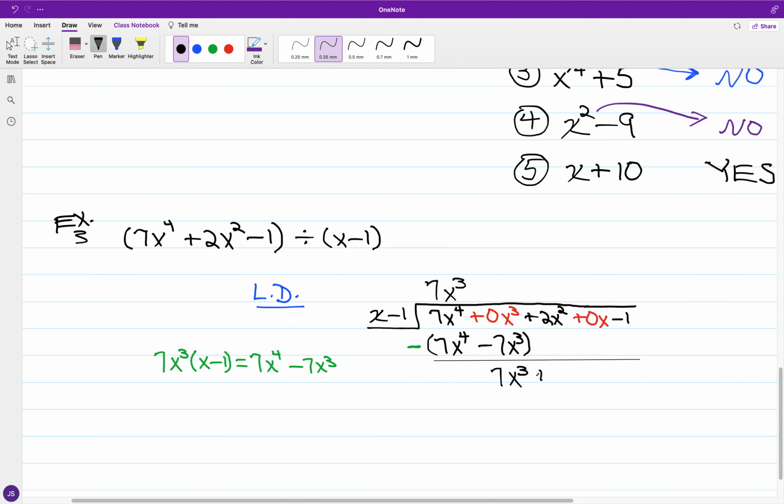And then we can bring the rest of the terms down, so we have plus 2x squared plus 0x minus 1. I can continue the long division, and in this round I'm taking x into 7x cubed, which will be 7x squared times, so just multiplying, we have 7x cubed minus 7x squared.